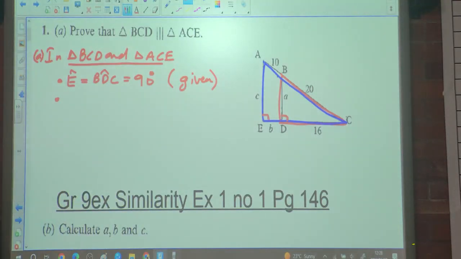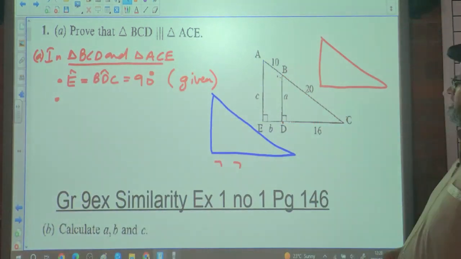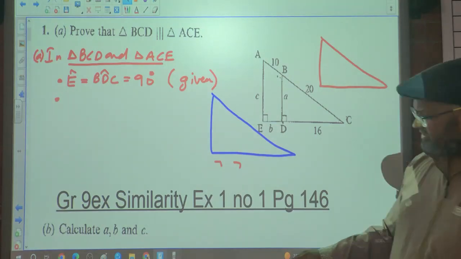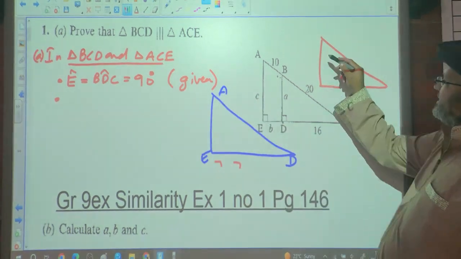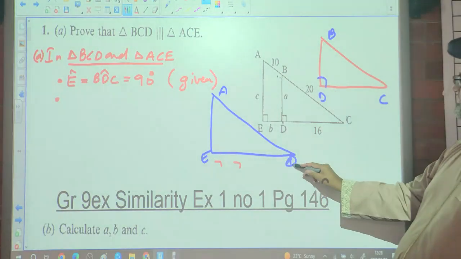We need to prove another angle of the two triangles are the same. Which angles are the same? Remember, this is triangle AED, and this was triangle BDC.